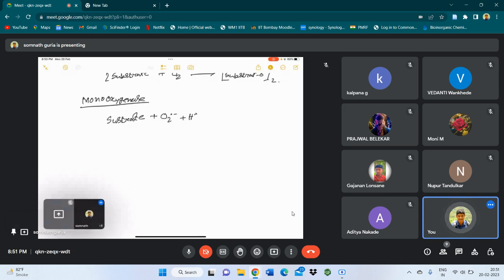Let's think about some reactions of the monooxygenase and dioxygenase enzymes. Dioxygenase, changing the color. This is the benzene ring.